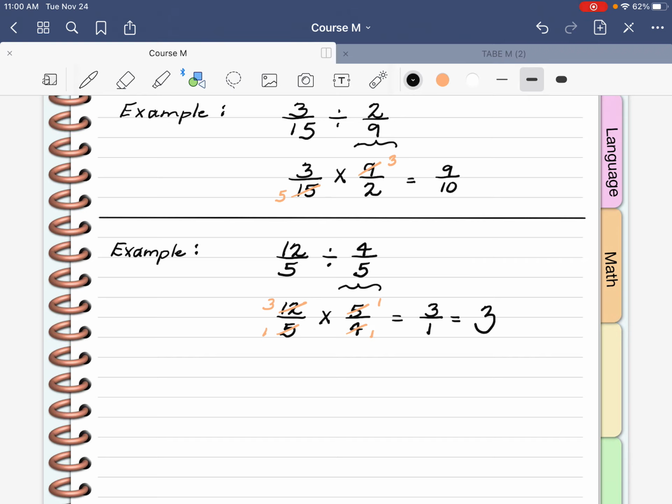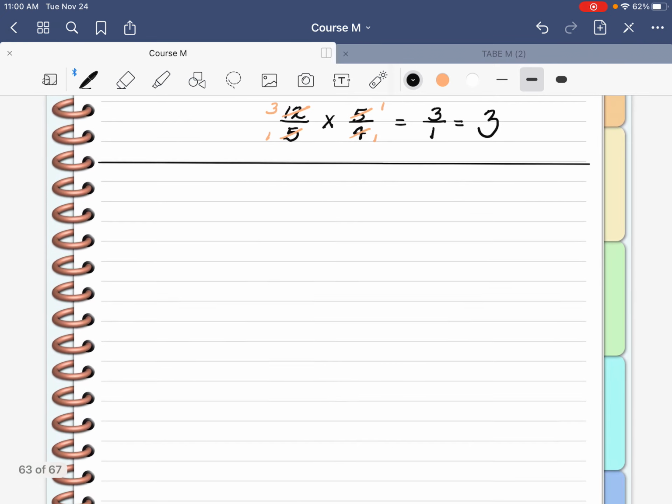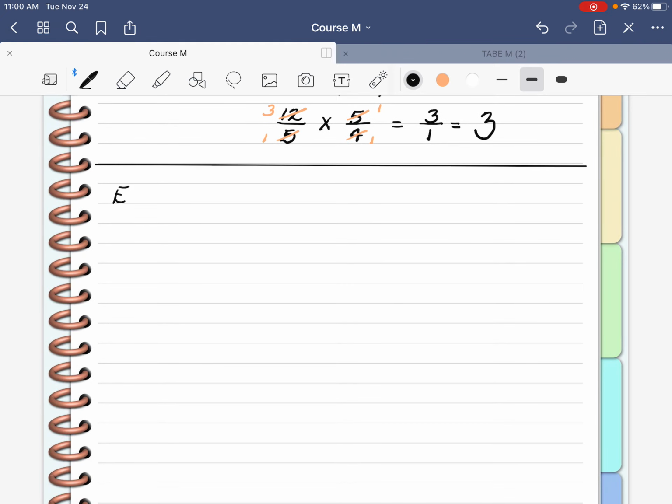Okay, another example. I'll fill this page and then we'll stop with these. 8/9 divided by 1/6. No mixed numbers, no whole numbers, so we flip the fraction that follows and multiply.